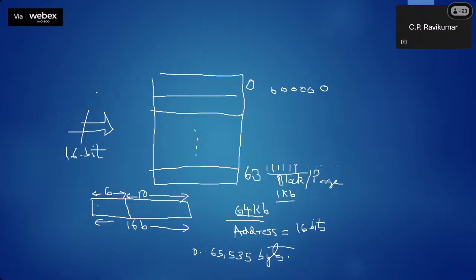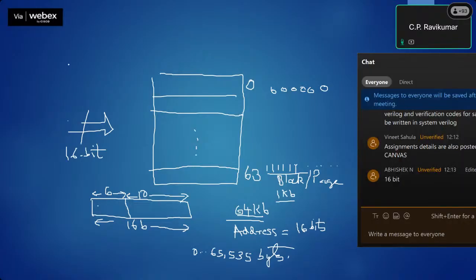Now we cannot build, assume that we cannot build 64 kilobytes using high speed memory. So we'll keep a cache which has only space for 8 cache blocks.